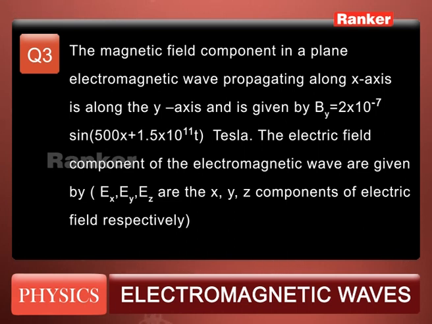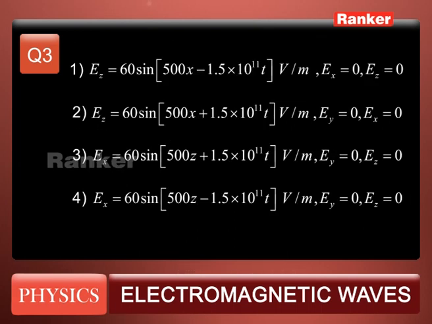The electric field components of the electromagnetic wave are given by Ex, Ey, Ez, the x, y, z components of electric field respectively. The first option, Ez is equal to 60 sine 500x minus 1.5 into 10 power 11 t volt per meter, while Ex and Ey are 0.